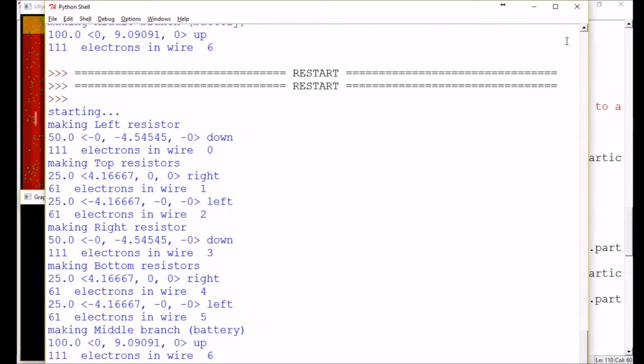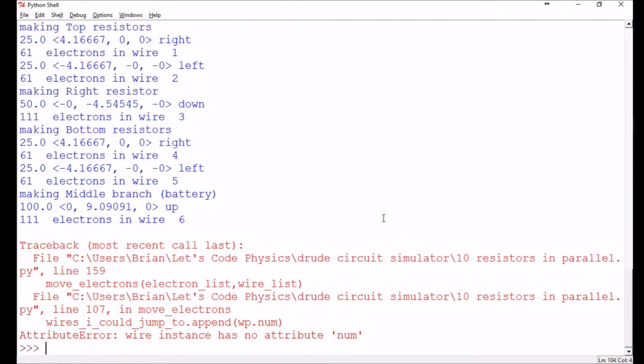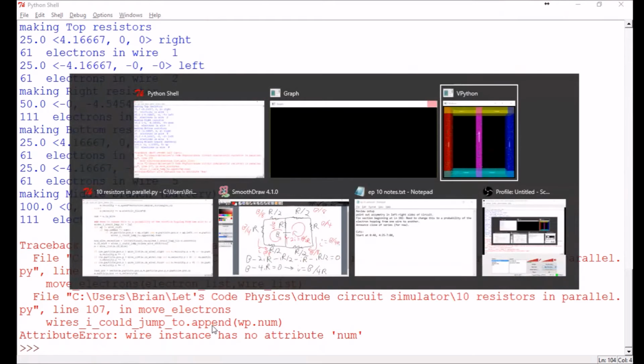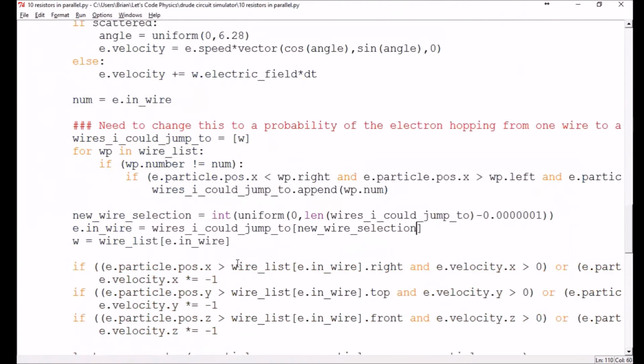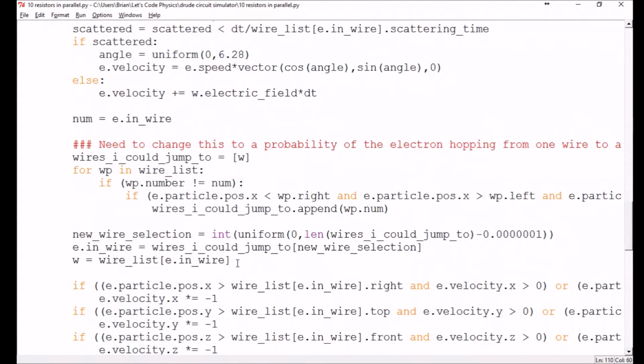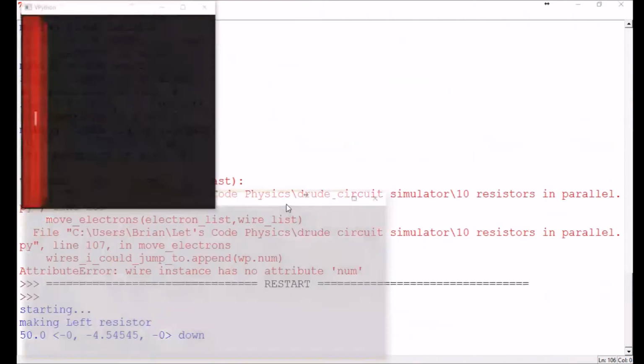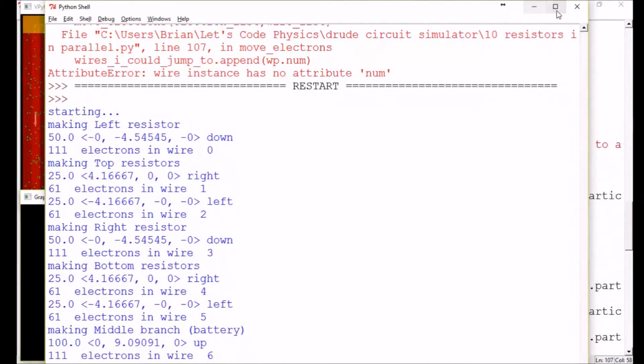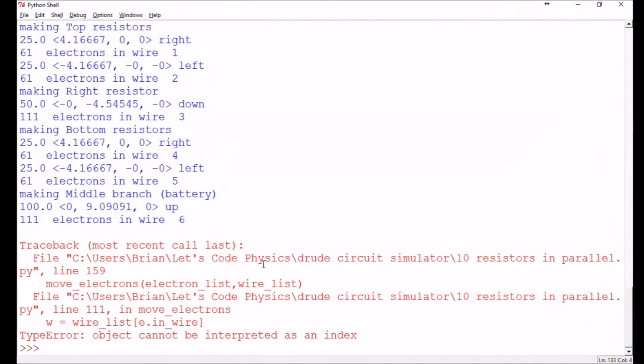Oh, and now I get an error. Hooray. Wire instances no attribute num. I thought we had .num earlier. Oh, whoops, it spelled out number. There we go. That ought to fix that. Of course it doesn't. What else is going wrong?